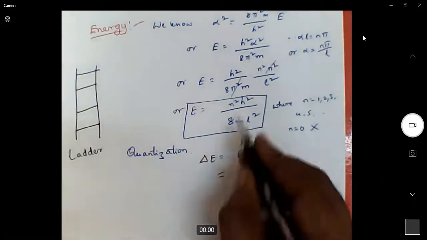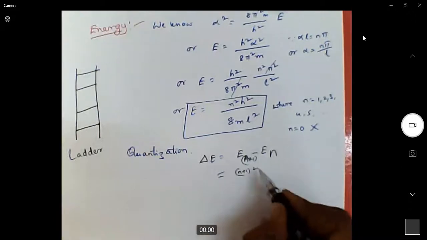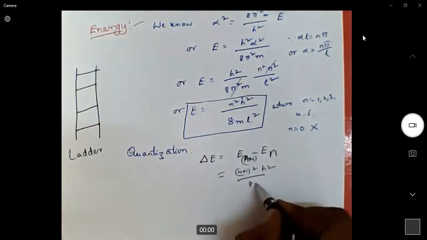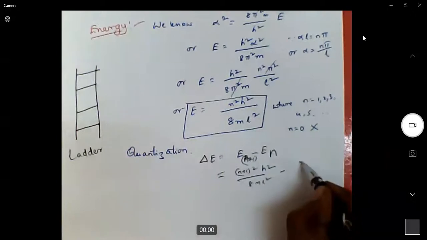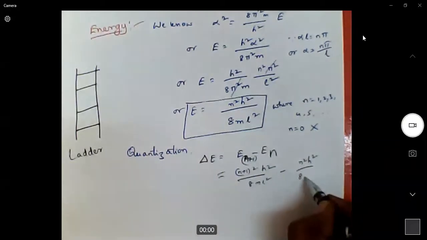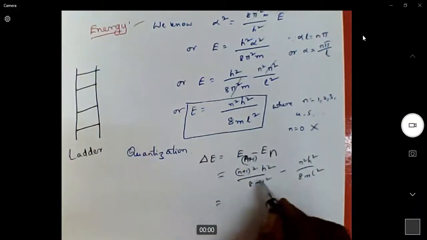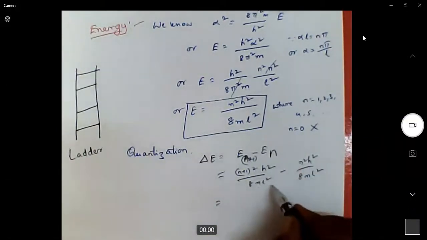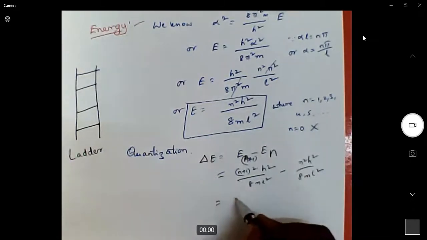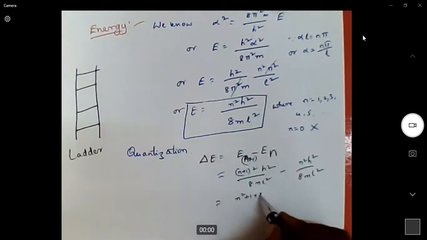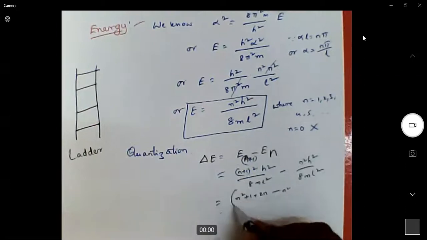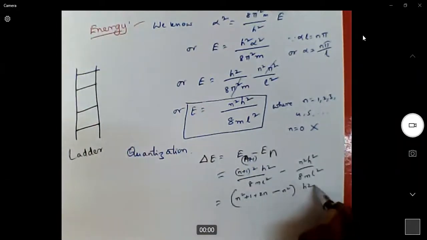E(n+1) means (n plus 1) whole square h squared by 8 m L square minus n square h squared by 8 m L square. So h squared by 8 m L square is common in both terms. What is (n plus 1) whole square? n square plus 1 plus 2n, minus n square. This is a common thing, h squared by 8 m L square.